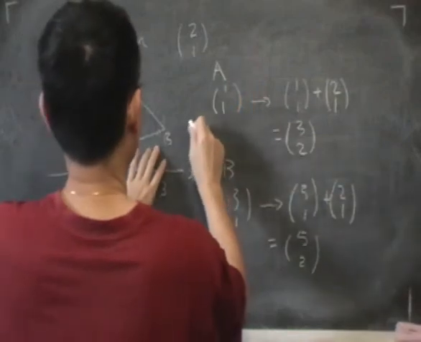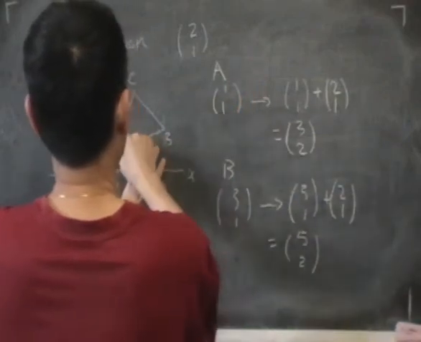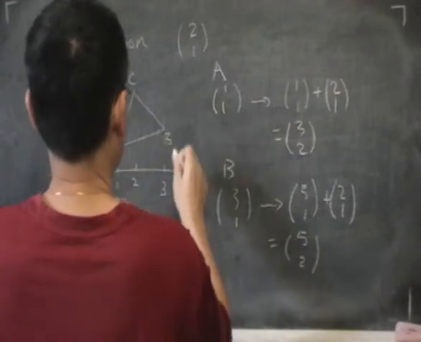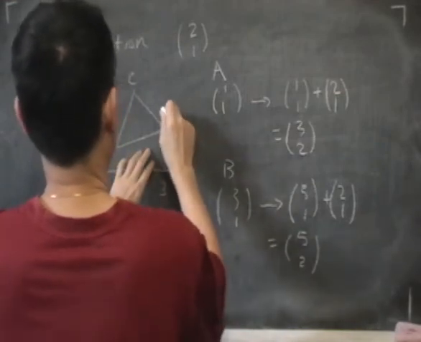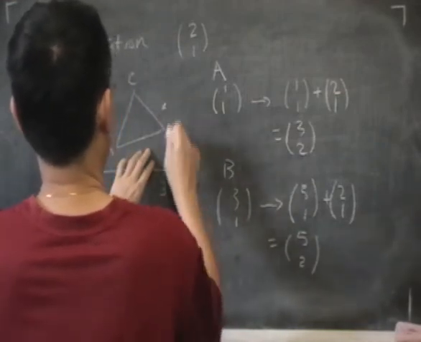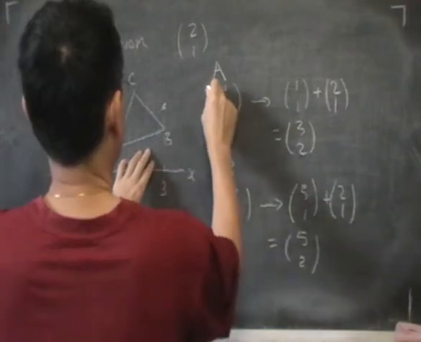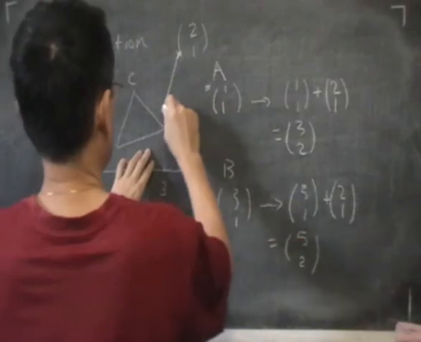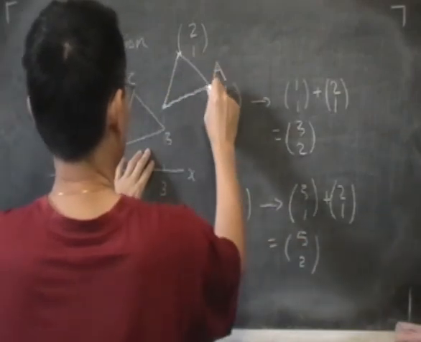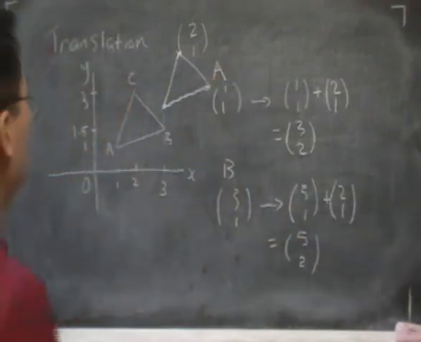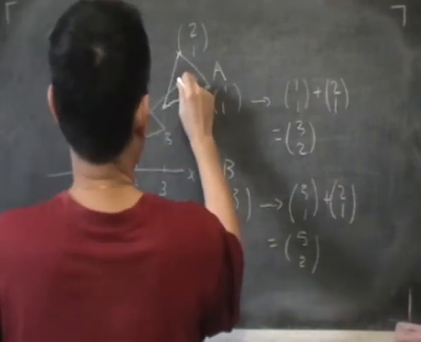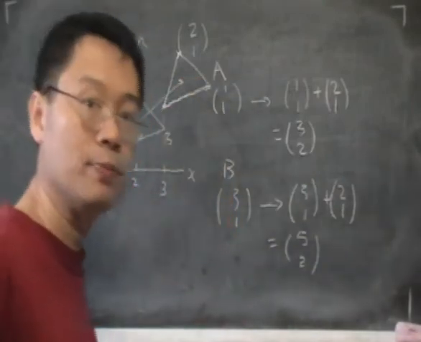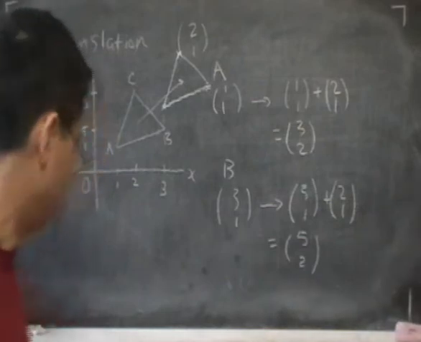So the new positions might be, for example, A might go to there, maybe there, B might go to there, C might go to there, and then we simply draw the new figure there. So we have a new figure and a translation.